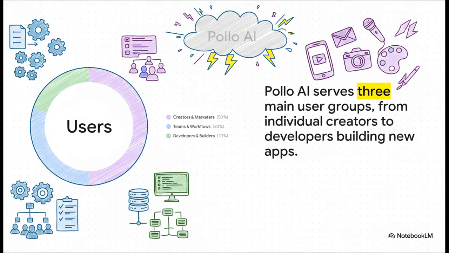Okay, so Pollo AI's user base really breaks down into three big groups. About half are individual creators and marketers, people who need to crank out social media clips or animate a static product shot, like yesterday. Then you've got teams, who are all about creating consistent, repeatable workflows. And finally, a pretty significant chunk are developers and builders, the folks who are plugging directly into the platform's backend.